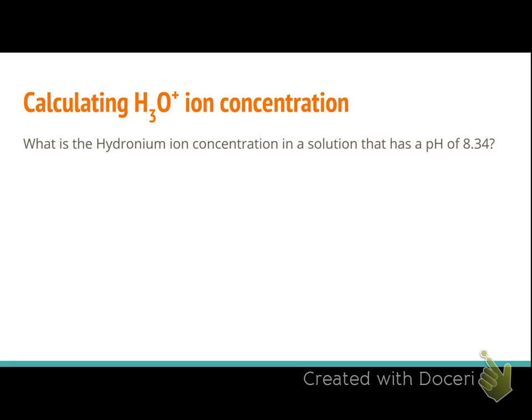All right, well, let's say we're not calculating the pH. Let's say we want to know what the concentration of the hydronium ion is. So we're kind of working backwards here. What is the hydronium ion concentration in a solution that has a pH of 8.34? So what we're looking for here is the molarity.